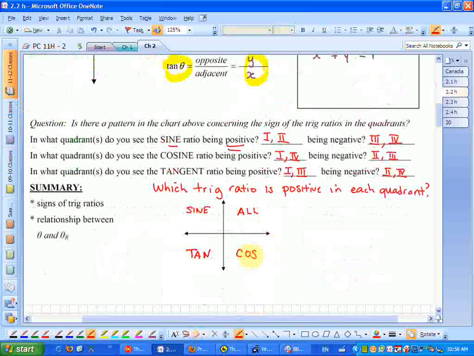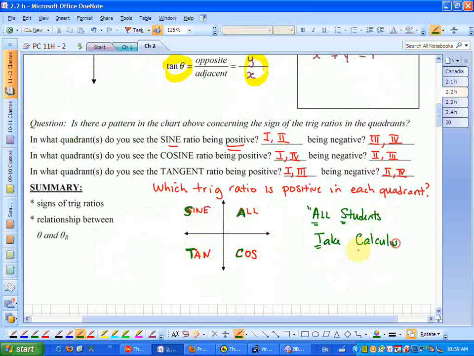So I want you to memorize this somehow, and this is what I like you guys to do. If you can just memorize the first letter of all these: A, S, T, C. I'll say all, and then S stands for, I'll say students. And my favorite one is take. Now, if you don't like calculus, you can go cooking.